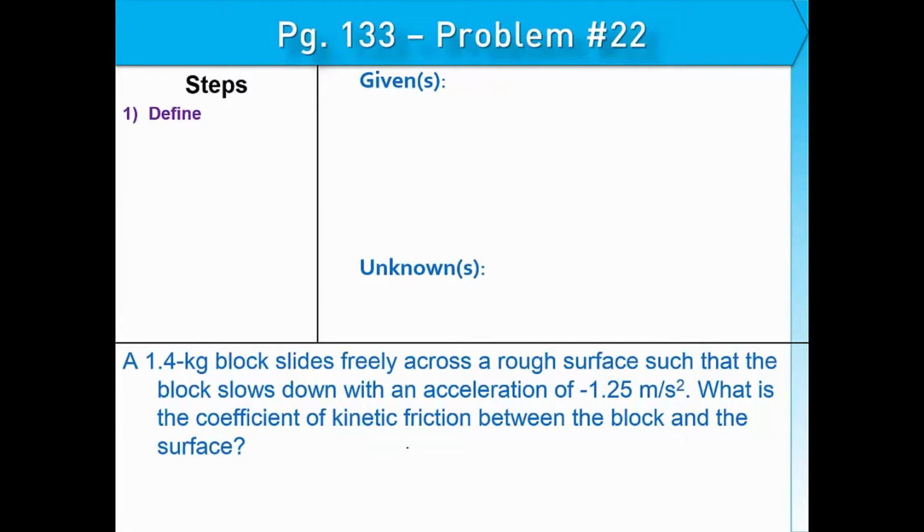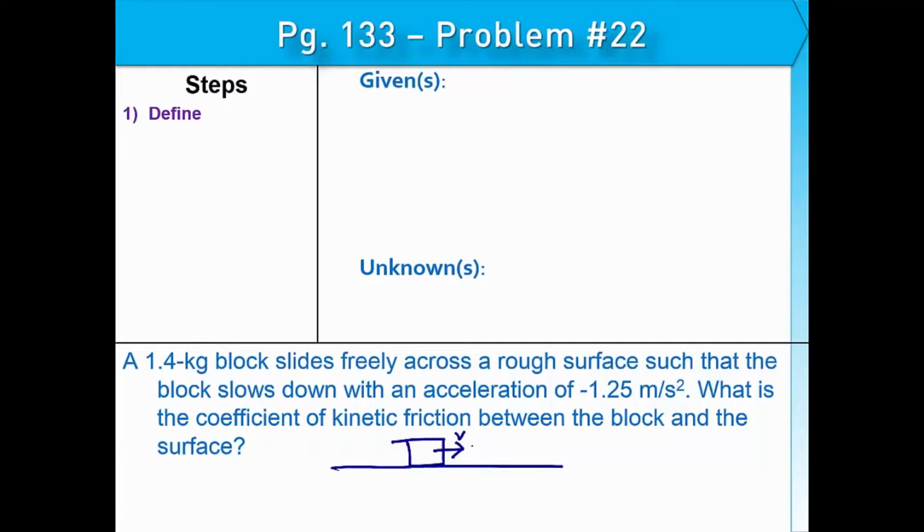So, analyzing the problem, we have a block. It looks like it's sliding across the floor, so we'll draw a velocity arrow to the right. We know it's slowing down with an acceleration of negative 1.25 meters per second squared.